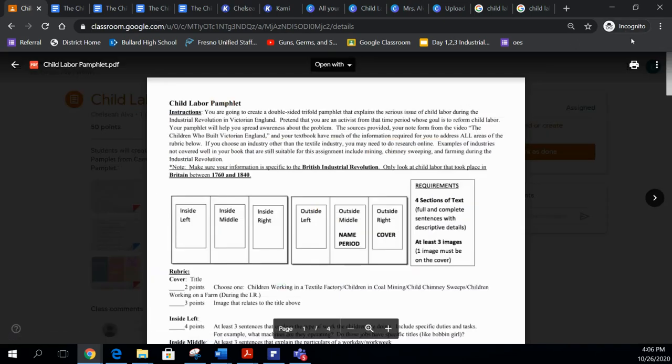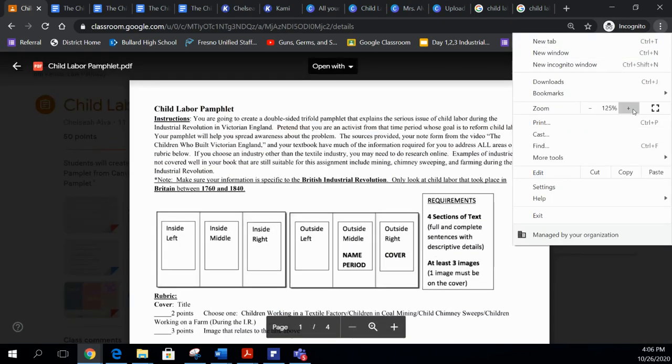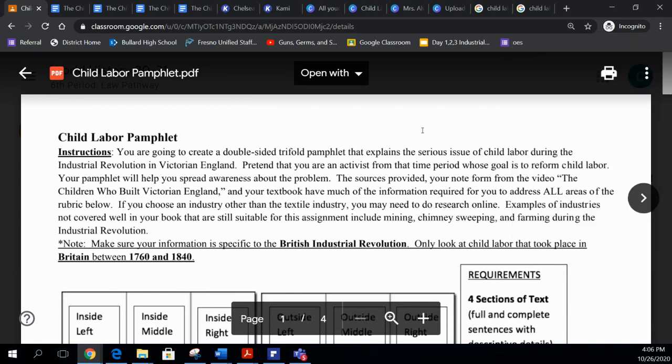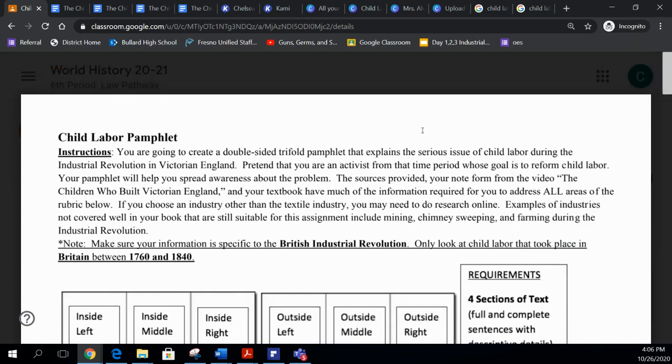So let's look at some of our instructions. Let me zoom in a little bit here so we can see a little better. Okay, so you're going to create a double-sided trifold pamphlet or brochure on the serious issue of child labor during the Industrial Revolution in Victorian England.